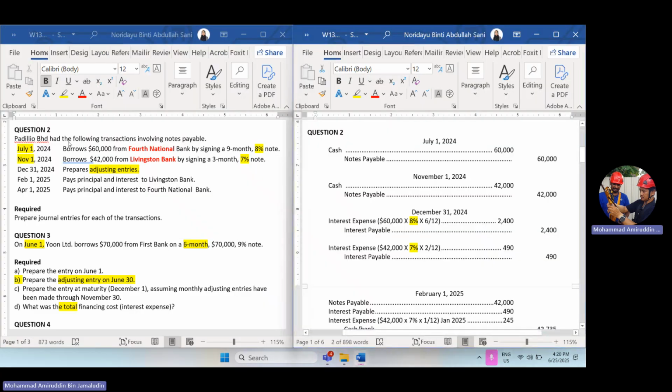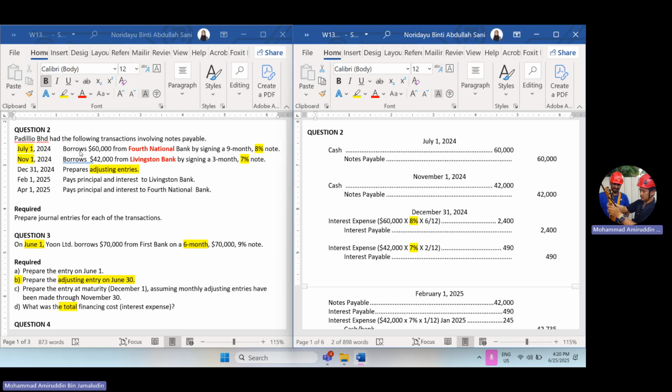Okay, I have a company. It involves notes payable. On 1st July 2024, the company borrowed 6,000 from Fort National Bank, signing a 9-month 8% note. So meaning, when you borrow money, normally you debit cash, debit bank, credit loan.